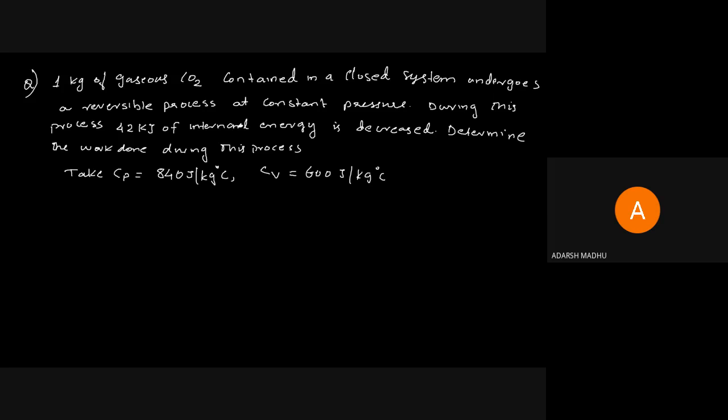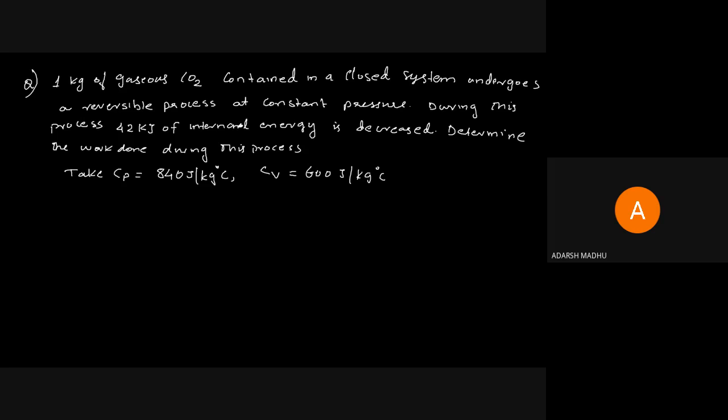So first of all, read the question once more and arrive at a conclusion what the question means, and what to do. 1 kilogram of gaseous CO2 contained in a closed system undergoes a reversible process at a constant pressure.